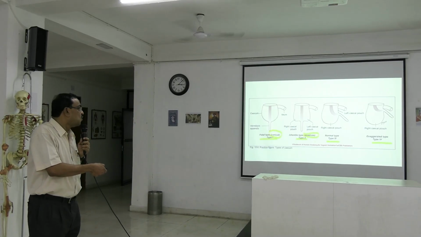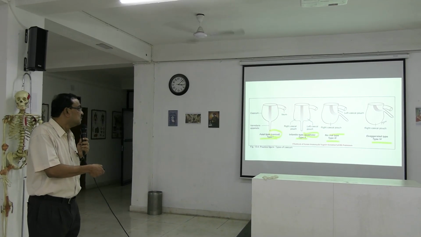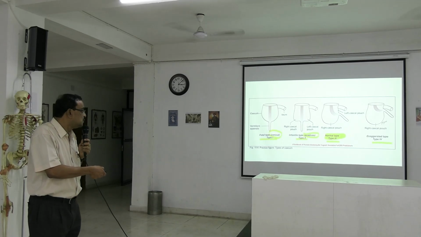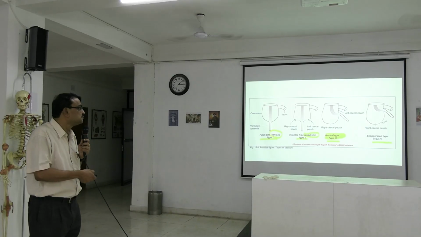Now this is the normal one, where we can find a right pouch and a small left cecal pouch. And ultimately, when this right pouch is developed, the appendix is shifted more medially. This is the normal position of the appendix.